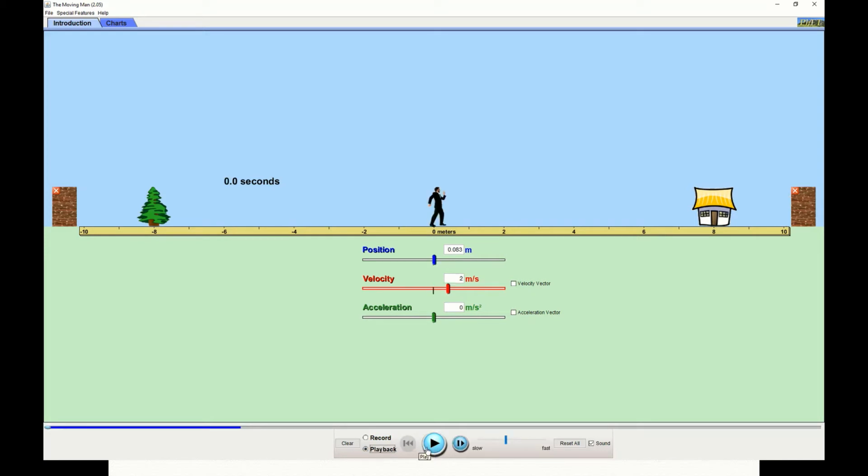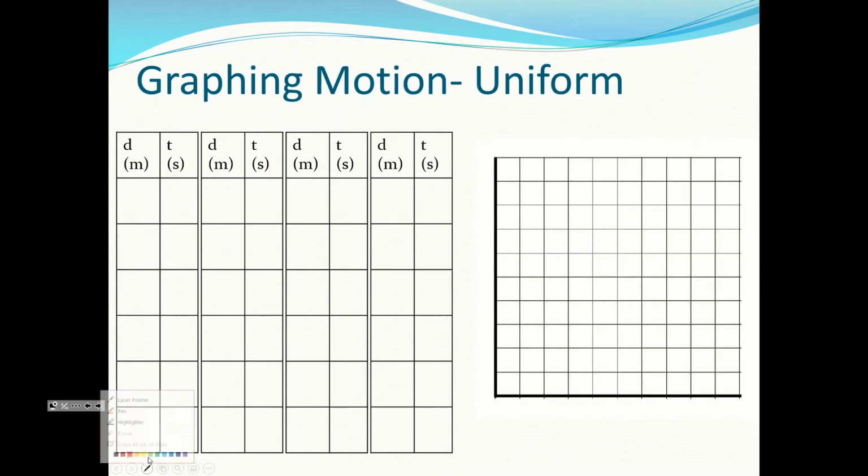And we can play that back. That motion, we can graph it out. I'm just going to slow it down to make it a little bit easier. So at 1 second, it looks to be about the 2 meter mark. We'll just time it out for every second. So we have 1 second, 2 seconds, 3 seconds, 4 seconds, and 5 seconds. We should get the point.